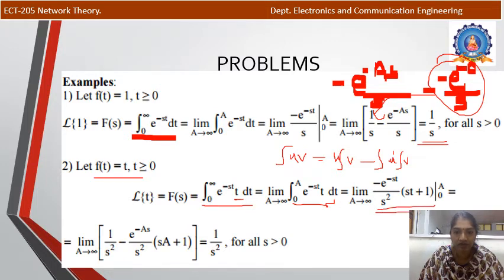You do it as your homework. After simplification we get the equation: limit a tends to infinity of minus e raised to minus st by s square into st plus 1, and here we apply the limits a and 0. Finally we get 1 by s square. So the Laplace transform of the function t is equal to 1 by s square.